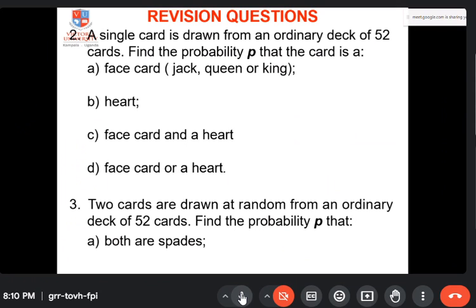Like we are going to see in a few minutes, or maybe in the other lecture, we multiply those probabilities out, because you are saying that you are having the first event and the next event.